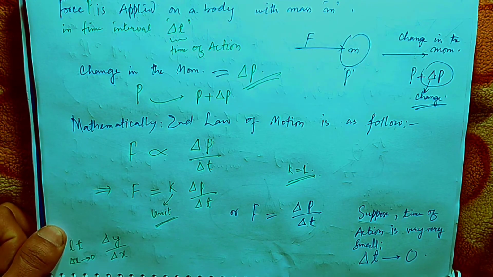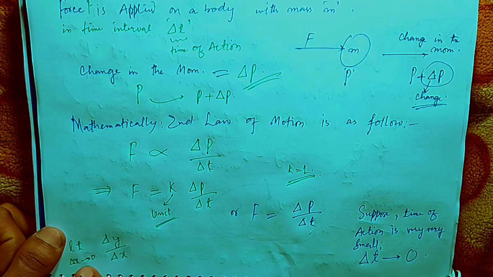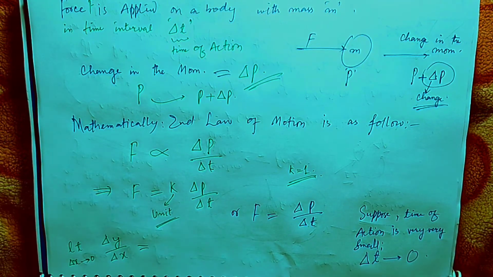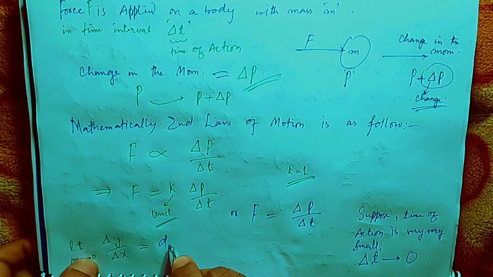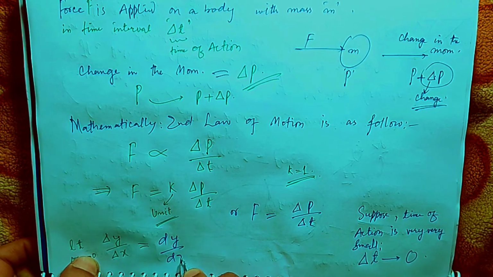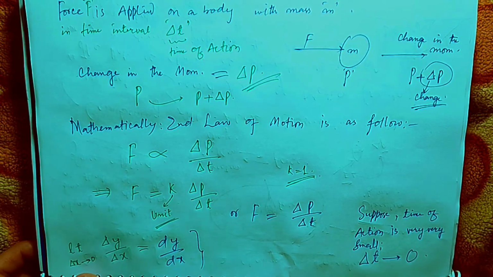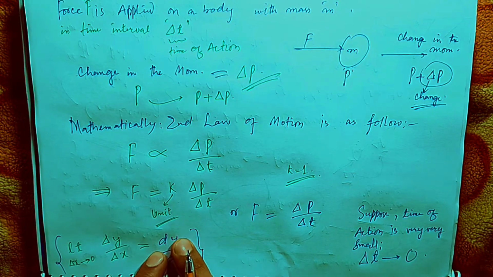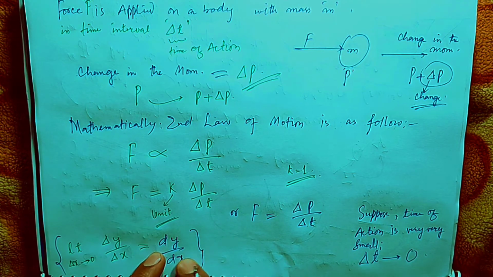You might be observing this in mathematics, in differential equations and differentiability. So the limit as delta x tends to 0 of delta y by delta x is written as dy by dx. Keep this in mind. This is called the differential coefficient of y with respect to x.